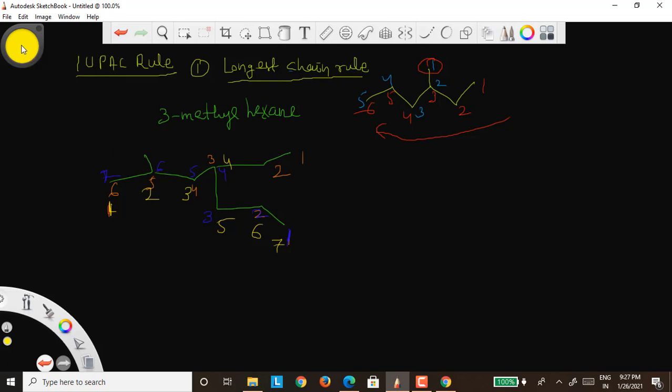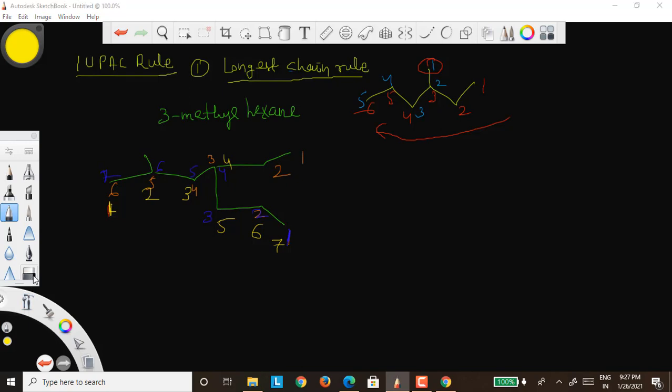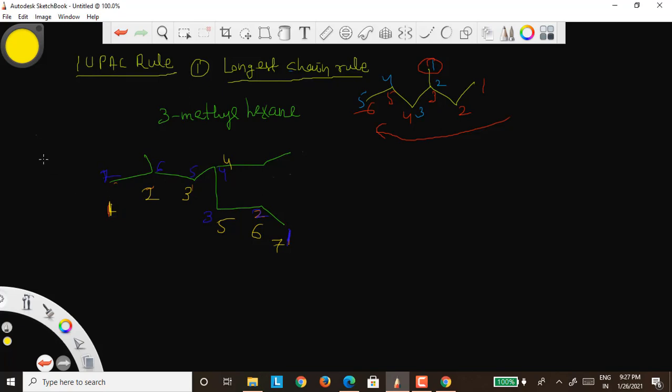So let us clean the numbering which is not correct. This is not correct. So this one, the orange one, let us clean. Now we are left with two options. As I told you already, if you number with yellow color, then the substituents coming, this is a substituent and this is a substituent.